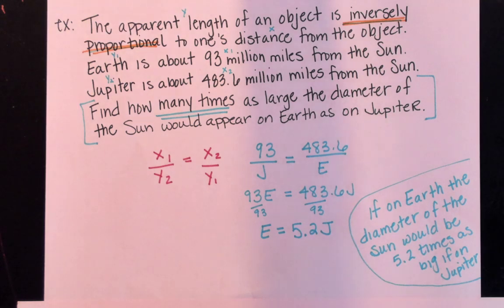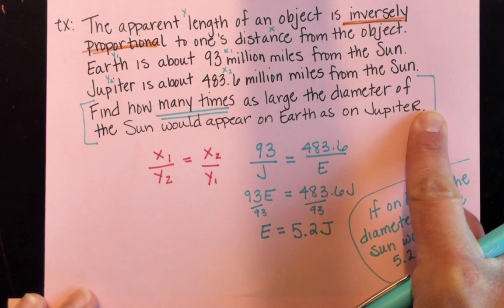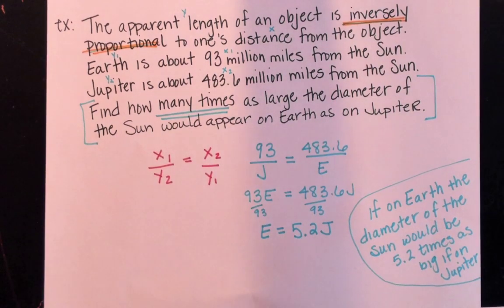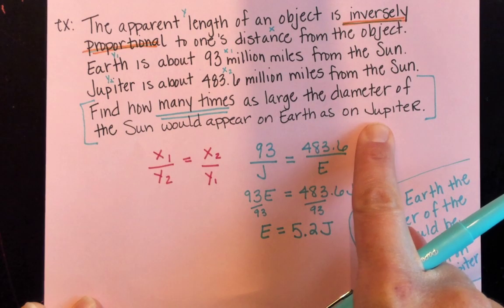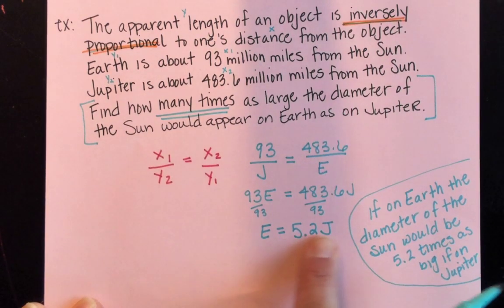You're not looking for an actual one answer. You're looking for a description, and that's what we were looking for here. Earth in terms of Jupiter. So that's one of them that I specifically wanted to look at.